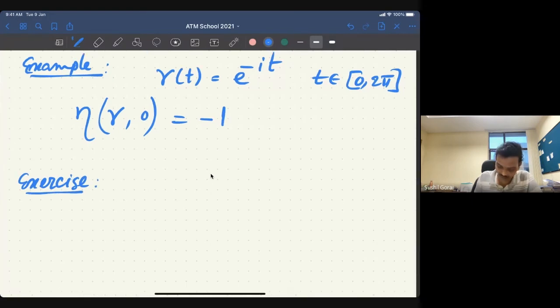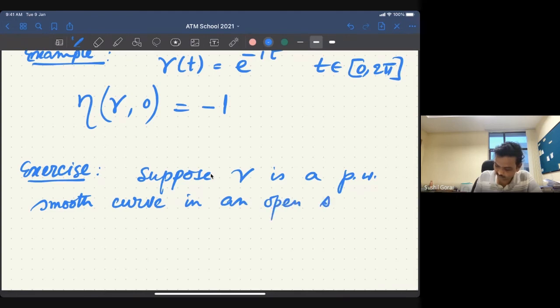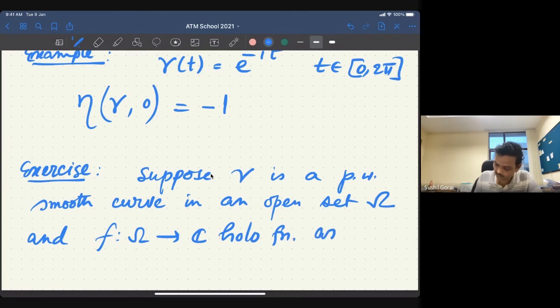So please solve it. Suppose gamma is a piecewise smooth curve in an open set omega, and f from omega to C is a holomorphic function. Assume z0 does not lie in the trace of the curve f composed with gamma.